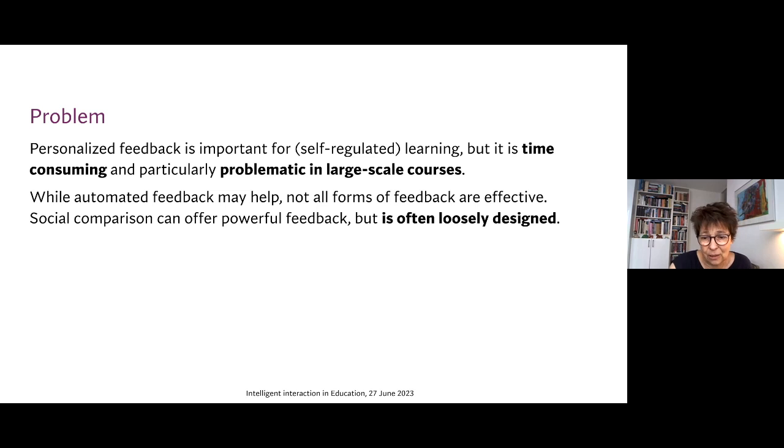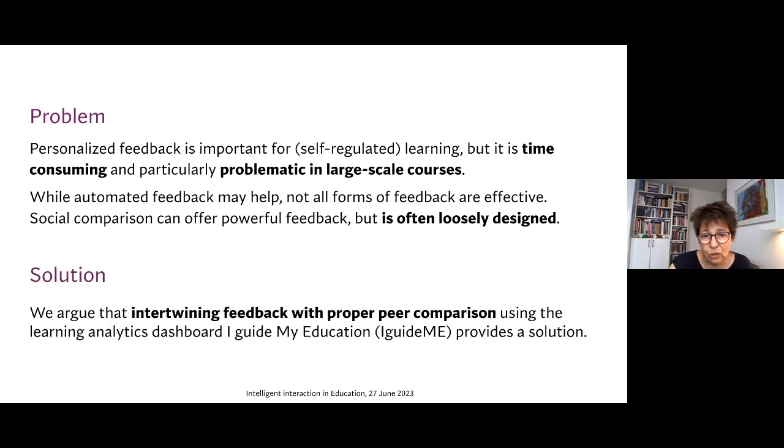So in that case, intervening feedback with proper peer comparison was for us in this project the right decision, by using an e-learning analytics dashboard, IguideME, which means I guide my education, and get the solution for that.